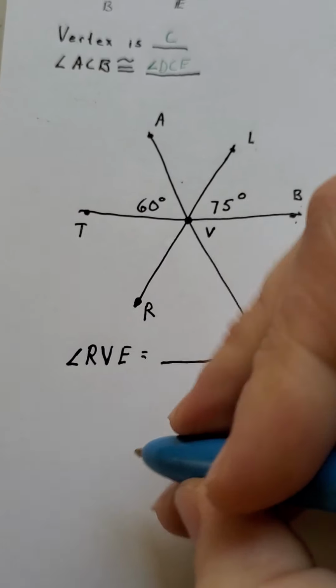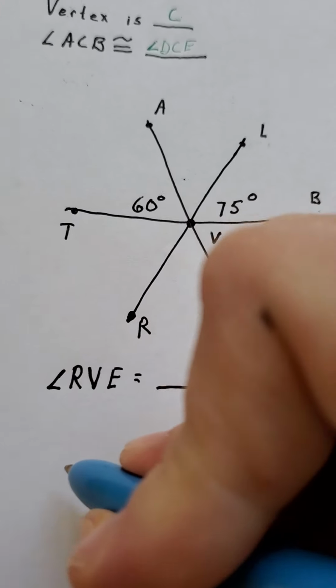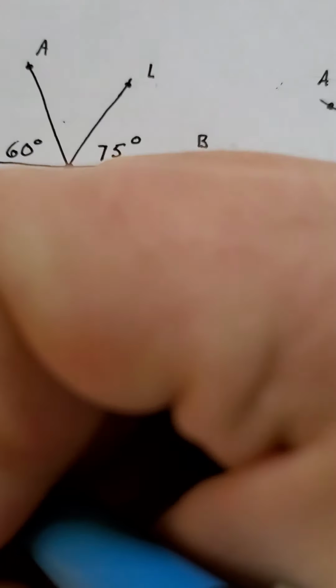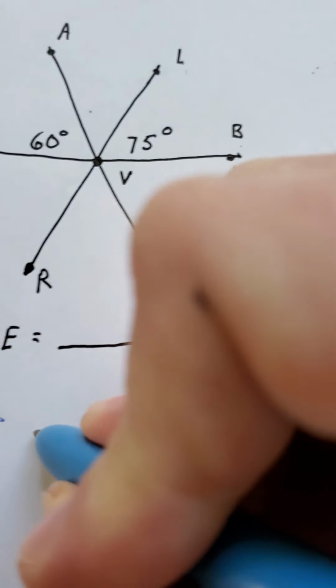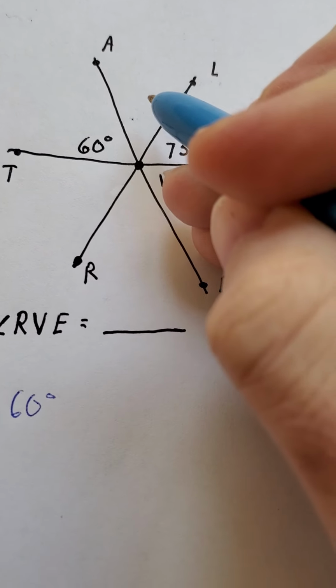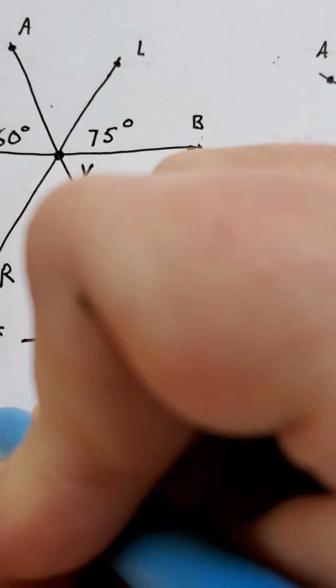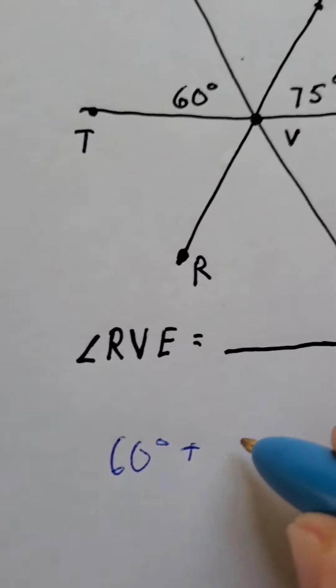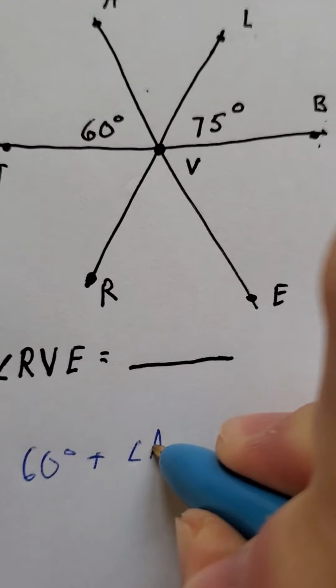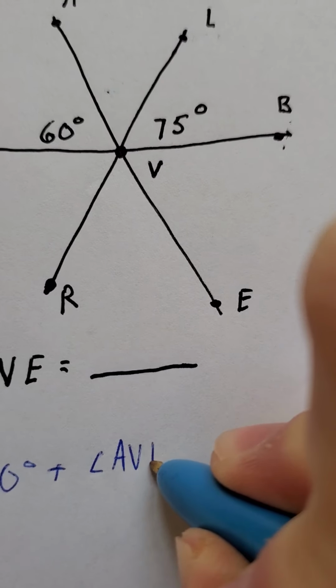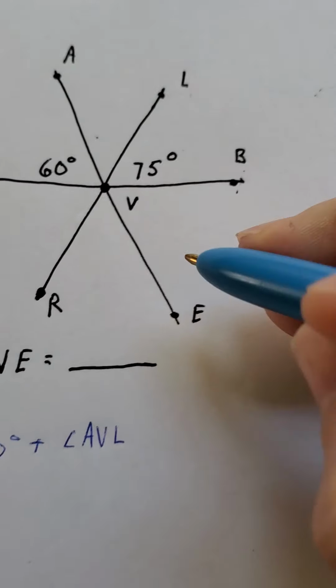So I'm going to come down here. So I have 60 degrees, which is this first one. I'm going to add this angle to it, angle AVL. I don't know what it is. I'm going to add the 75 to it.